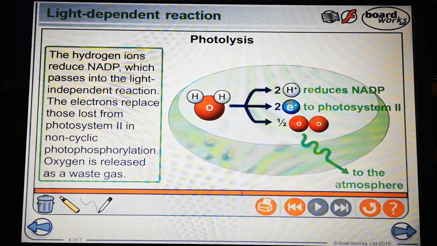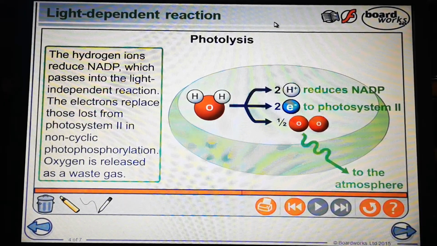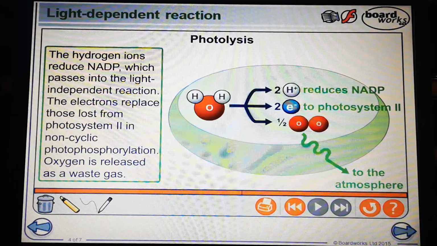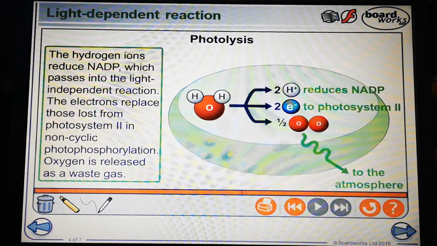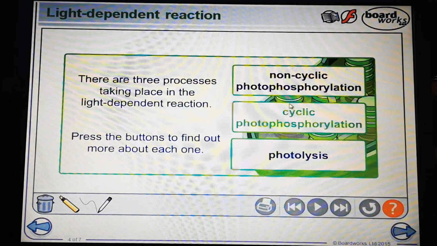And then it's these 2 protons, which we were talking about before, that are going to be picked up by the coenzyme NADP, and when it picks up the protons, it will also pick up the electrons that have flowed through the electron transport chain, and that is how it can pick up a hydrogen and then take it to the next stage.